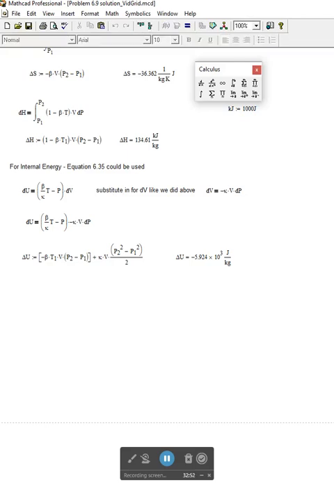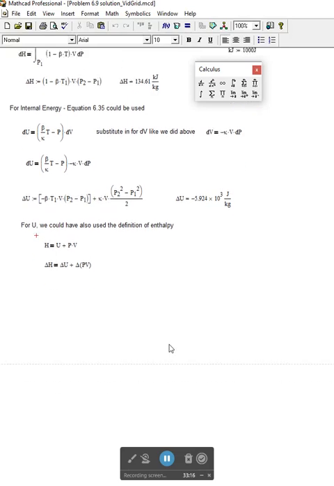There's another way you could have done this part, and I believe this is the way the publisher solutions do it: you could use the definition of enthalpy. Remember, H is equal to U plus PV, and so delta H is equal to delta U plus delta PV.